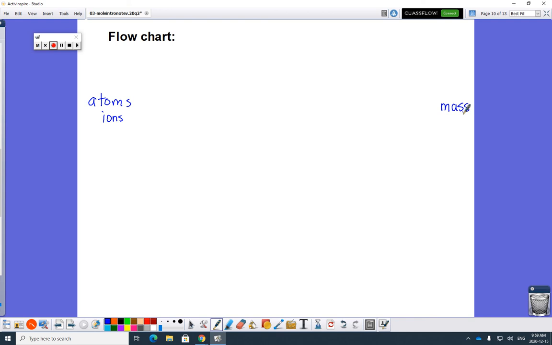Okay, so if you are given mass, then you'd probably be asked to find moles, I would imagine. And then from moles, you would get entities.